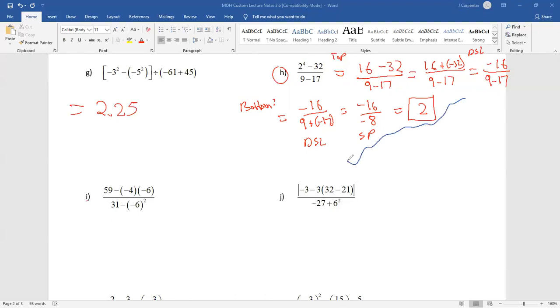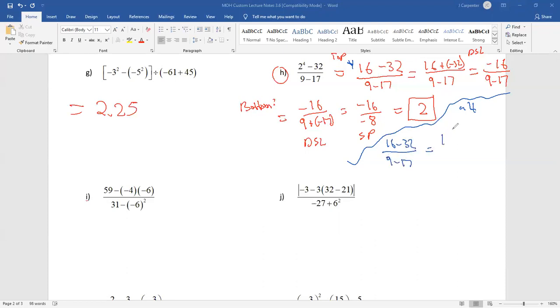Alternatively, you can work the top and the bottom in the same instance because they don't affect each other. So let's go back to this step right here, where we had 16 minus 32 over 9 minus 17.